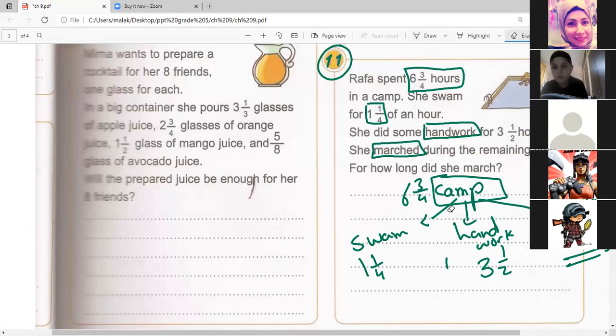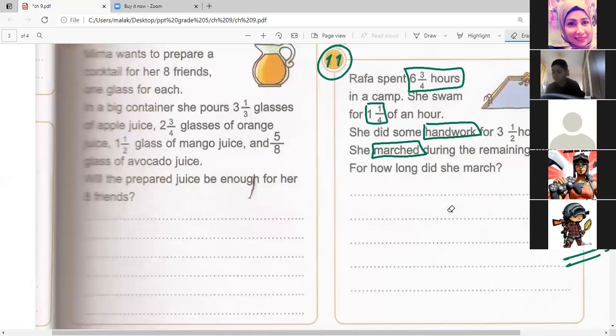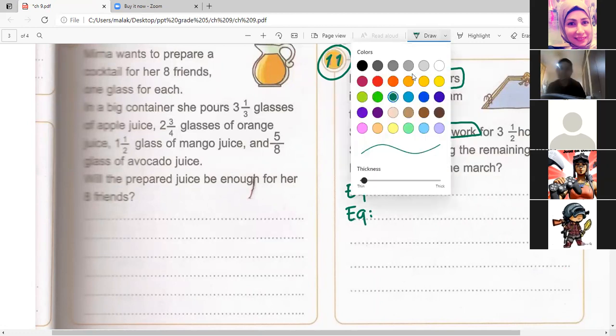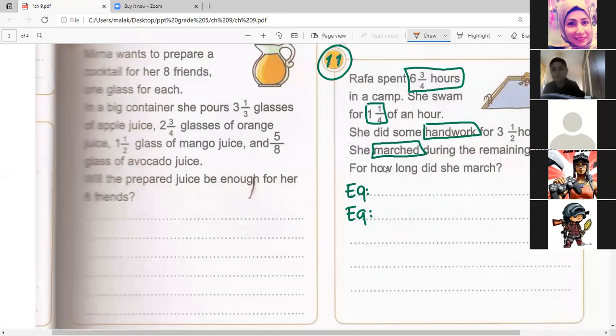The remaining time, how will we find it? We have to do minus in the second equation: minus the total, 6 and 3/4. So the answer will be 1 and 1 over 4 plus 3.5 hours.